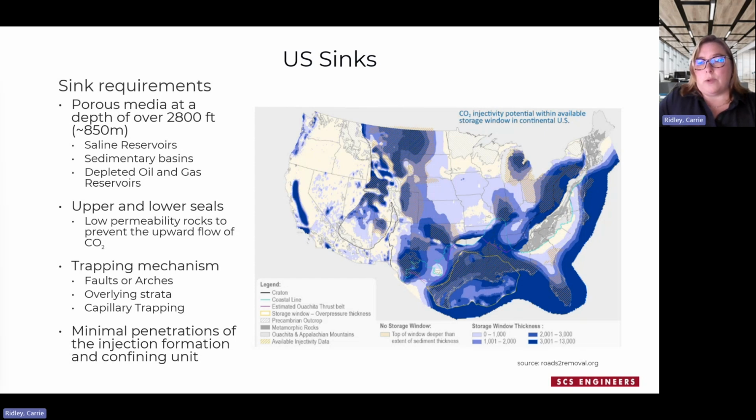Some of the things to note is the locations that have the best geology are also the ones that have the most oil and gas production, which is what you're trying to avoid when it comes to penetrations into both the seal and the storage zone, as each penetration into those zones has a potential to leak.